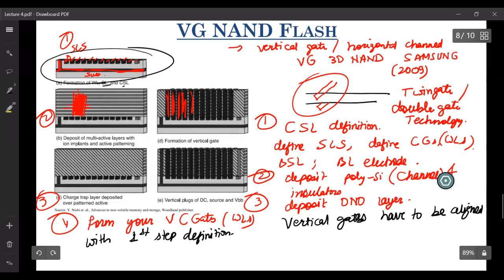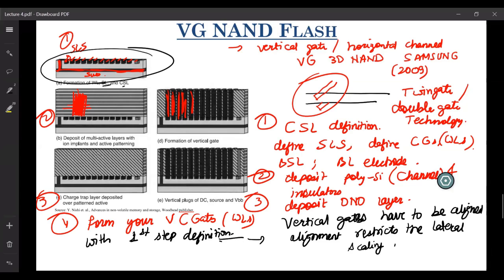You have to align these vertical gates with the BL, WL, and CSL that you defined in the first step. So this alignment restricts the lateral scaling. This kind of alignment restricts the scaling of these structures, like the spacing between the gates and all.